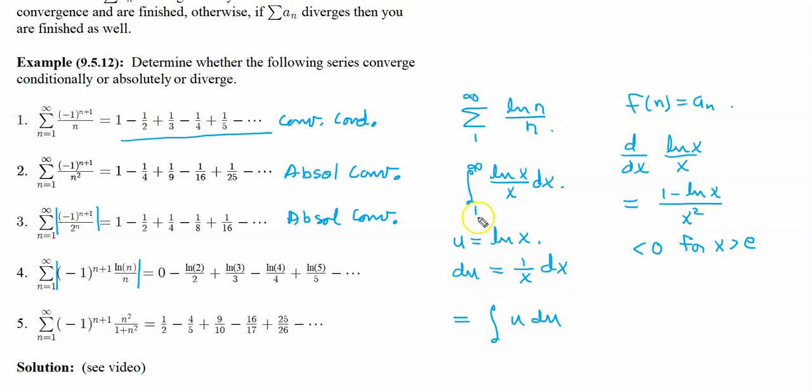And let's see, what are the limits of integration going to be? Well, when x is 1, ln of 1 is 0. And then as x goes to infinity, so does the natural log of x, right? As x gets larger and larger, so does the natural log. So this is going to remain an infinity up here.